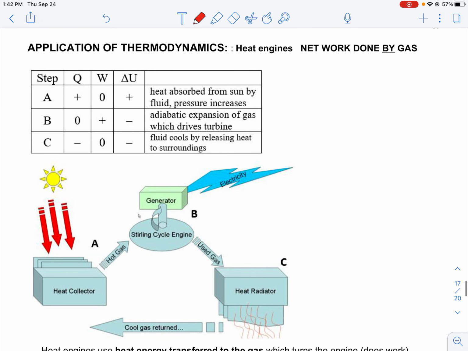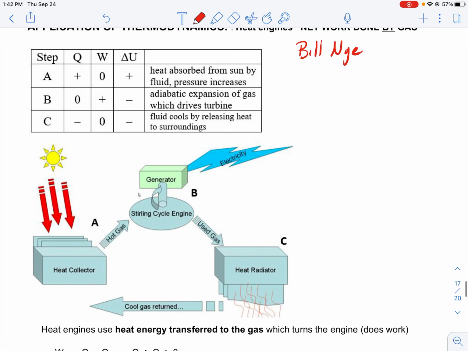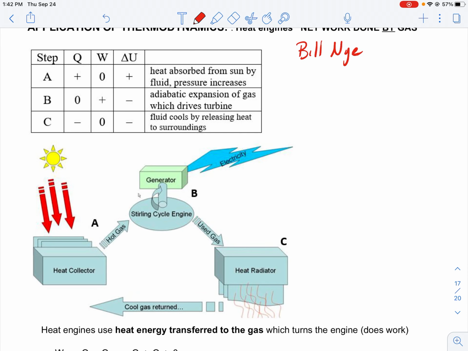The next application of thermodynamics that we want to look at is a heat engine. If you haven't looked at it already, please watch the video I linked before this one with Bill Nye, who shows something called a Stirling engine. A Stirling engine has a cycle as well. The first part of the cycle is that we need a heat source or a heat collector.